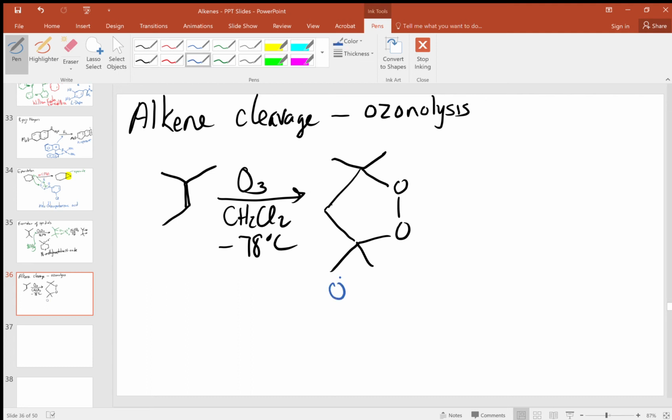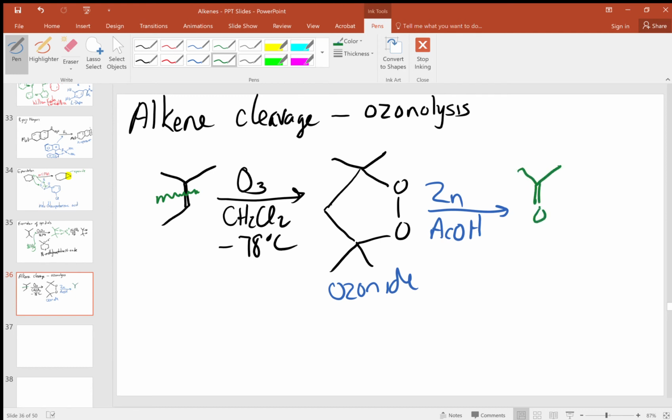But it forms what's known as an ozonide intermediate, which you then add zinc and acetic acid to. You don't want to isolate these ozonides, they are explosive. And as a result, it literally cuts your alkene in half. And on each carbon of what was the alkene, you end up with a carbonyl.